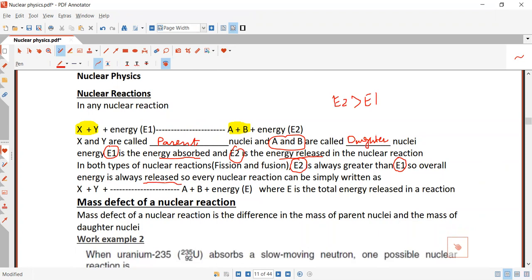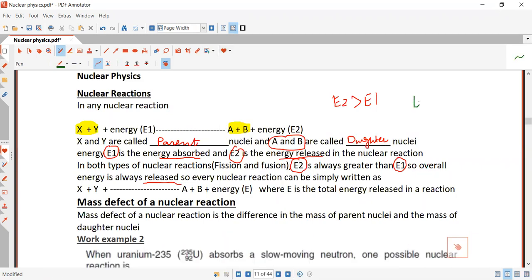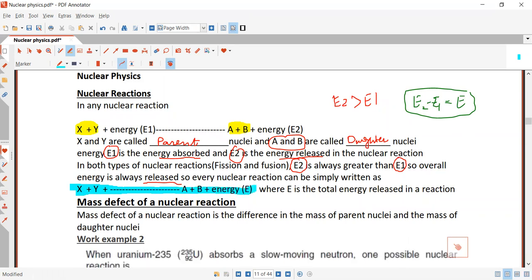So if we take the difference of E2 and E1 and write it as E2 minus E1 equals E, then that energy is always released. So the newer simplified equation must look like this, shaded in light blue, right?